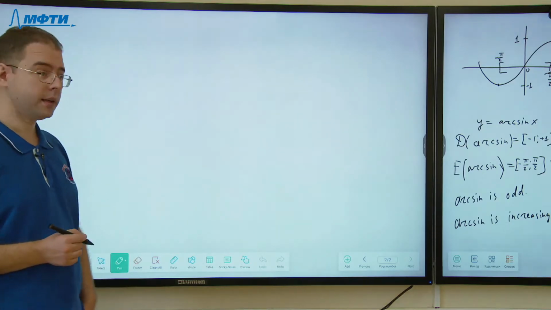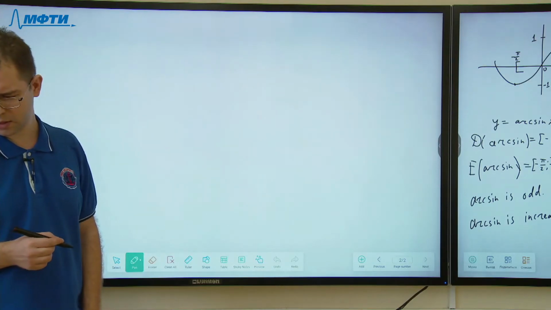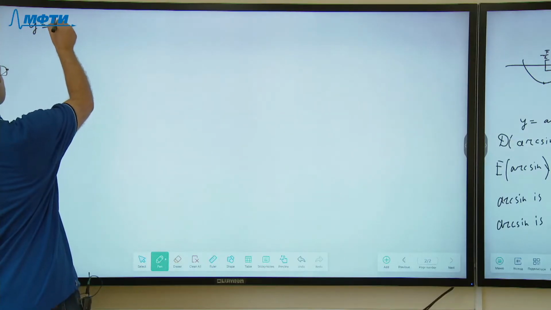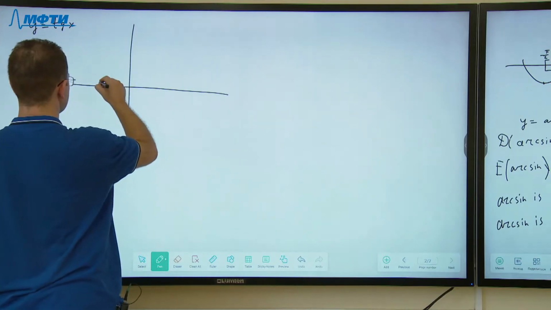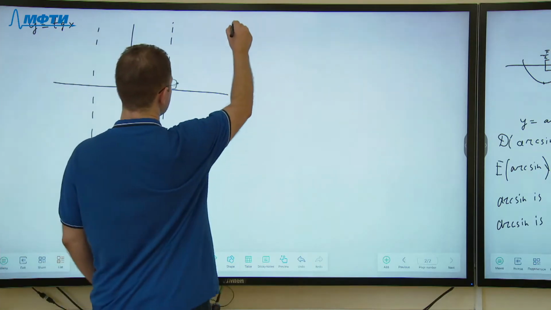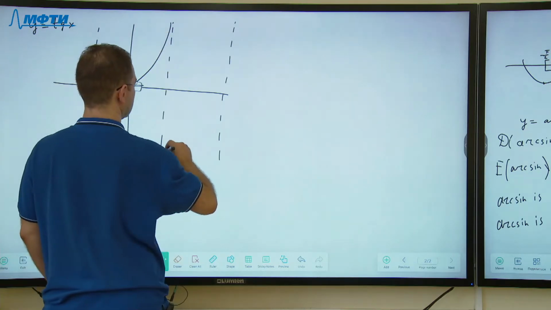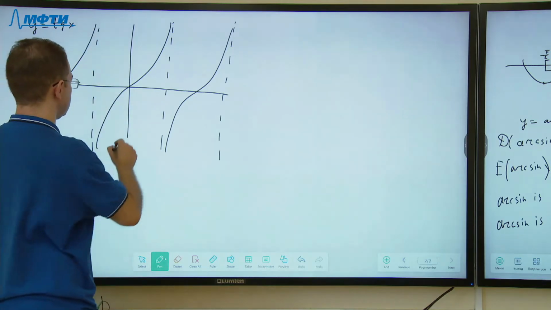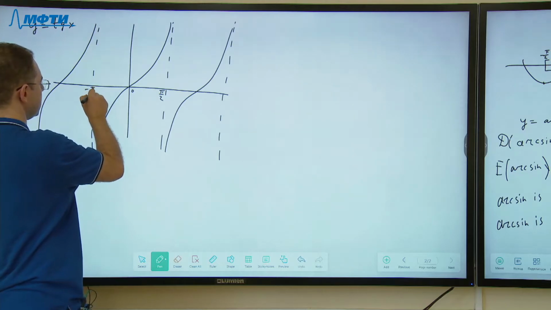So in the same way, y equals tangent x. The graph of tangent is like this. So 0, pi by 2, minus pi by 2.